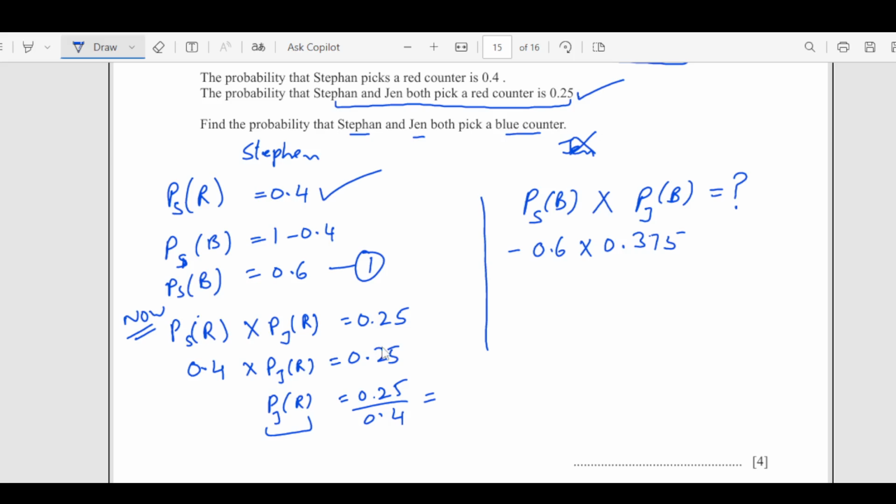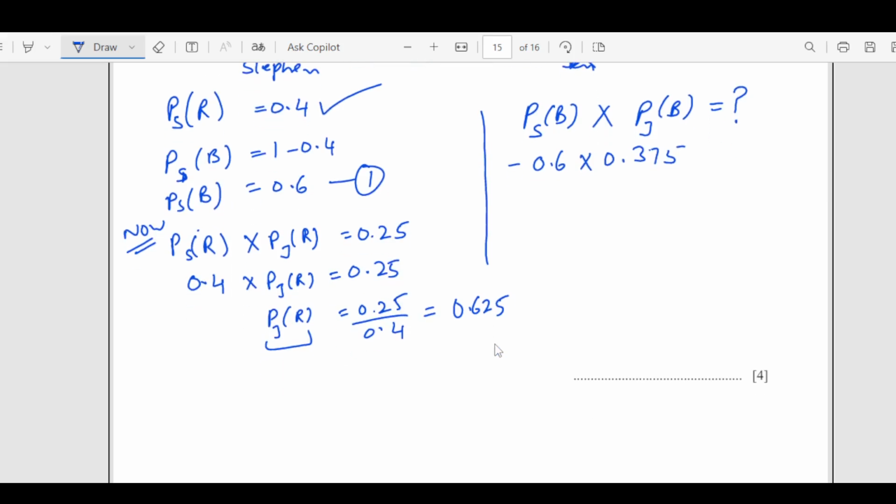This is the probability of red, and actually we are looking for blue. If this is the probability of Jen picking red, what will be the probability of Jen picking blue? It will be 1 minus 0.625, which comes out to be 0.375. Now we need this one.